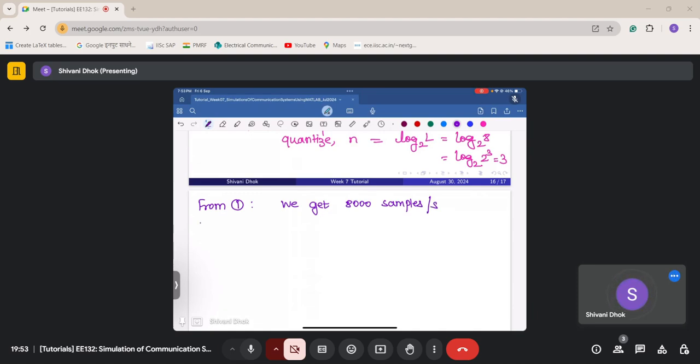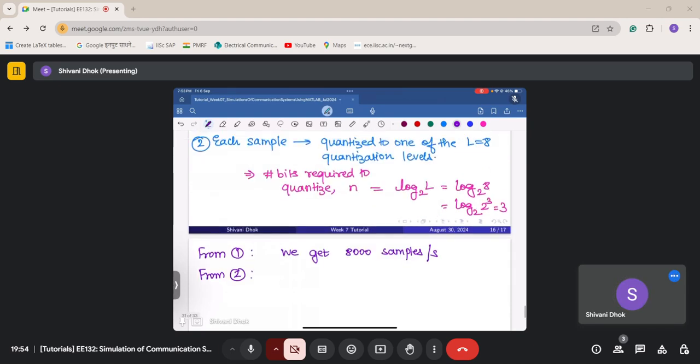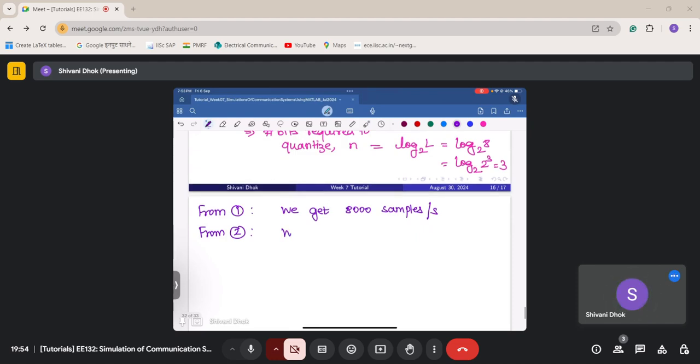per second, and from point 2, each sample is represented by 3 bits.